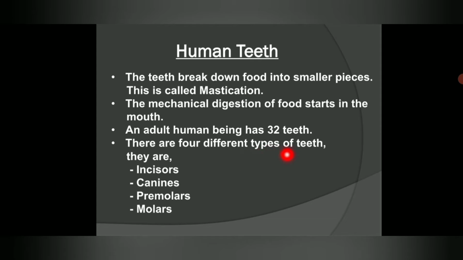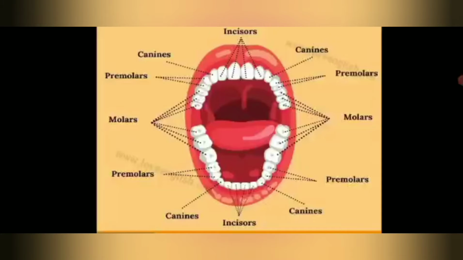Let us have a look at this picture to understand the positions of these different types of teeth. In this picture, you can see incisors, canines, premolars and molars. This is the upper jaw and this is the lower jaw. The front 4 teeth in both the upper and lower jaw, 1, 2, 3, 4 in the upper jaw and here 1, 2, 3, 4.